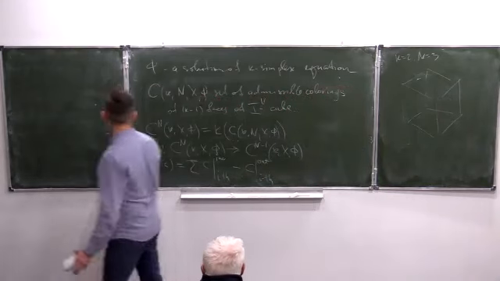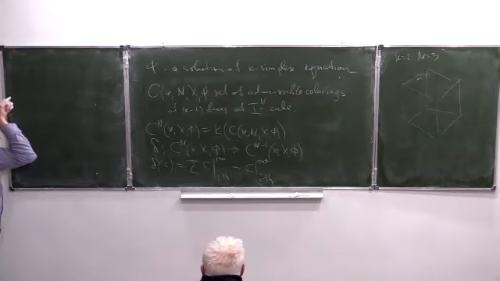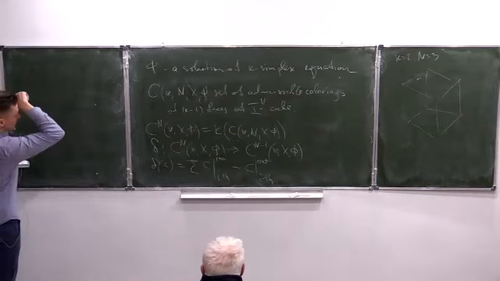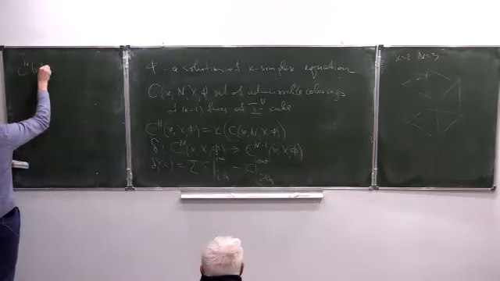And the cohomology are defined by the dual map. So we can consider the dual spaces to the C_n(X, phi).